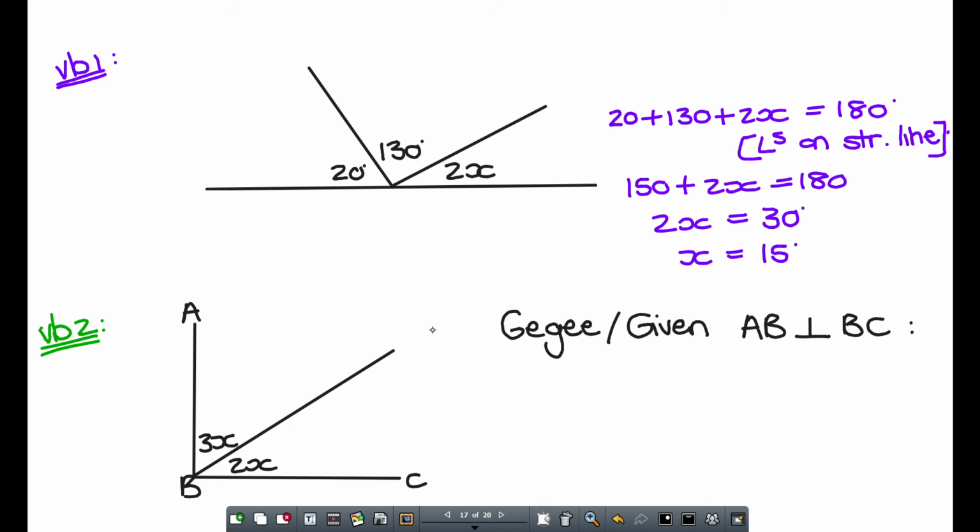Remember, you're only going to get a mark for that statement, for your reason, for the 2x is equal to 30, and for the x is 15. I just said that x equals 180 minus in brackets 130 plus 20, divided by 2. You'd still get that as well, but you had your reason. So, ma'am, you must say 2x.